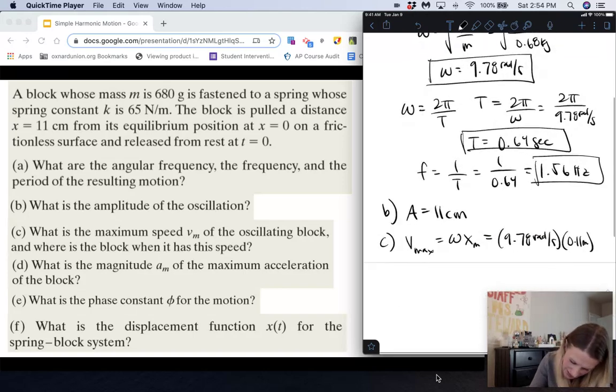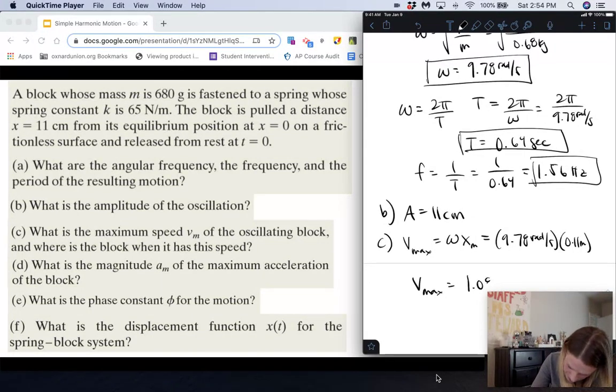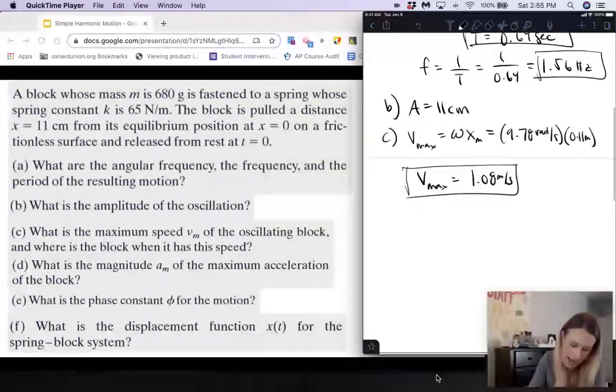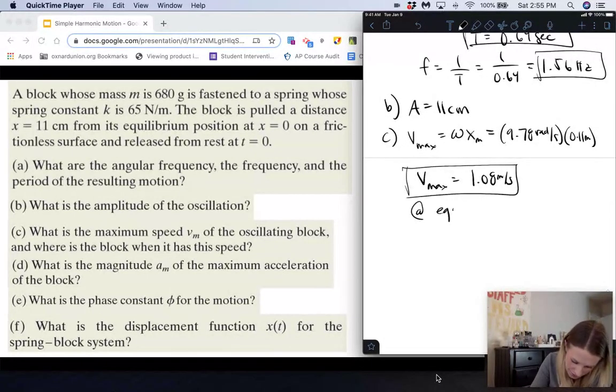We end up getting a maximum velocity of about 1.08 meters per second. And this maximum velocity occurs at the equilibrium position.